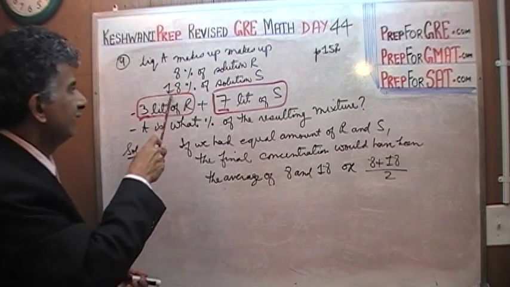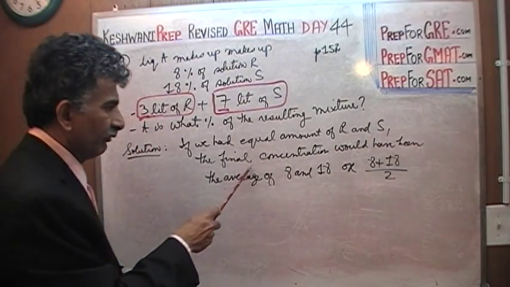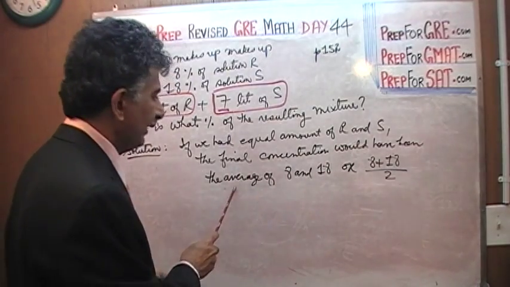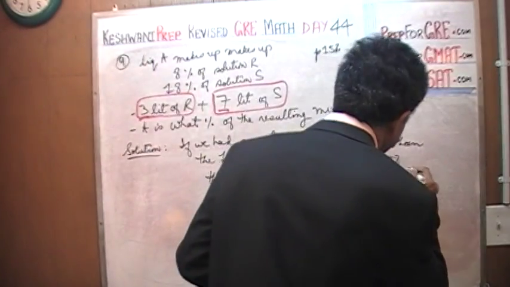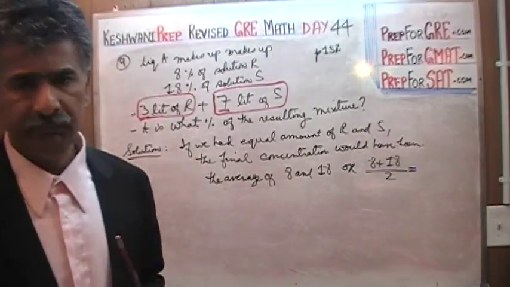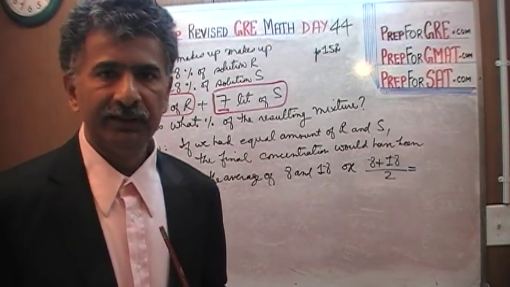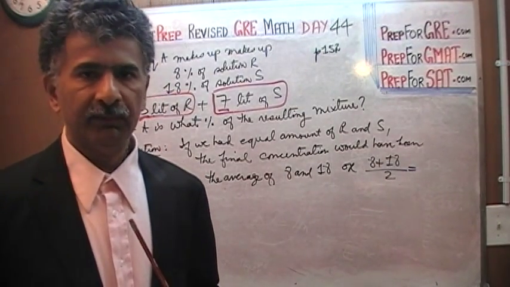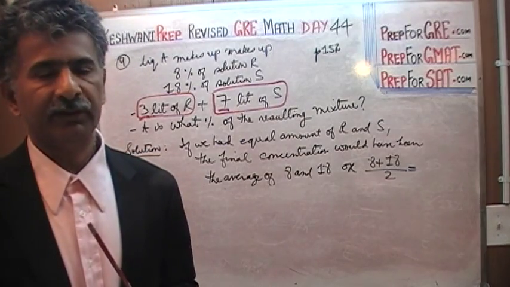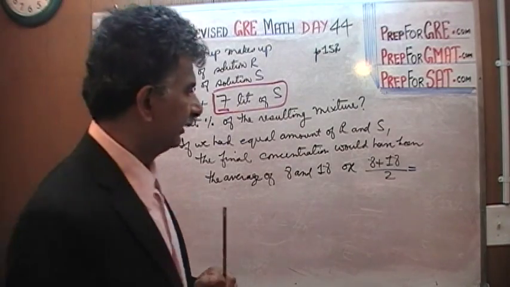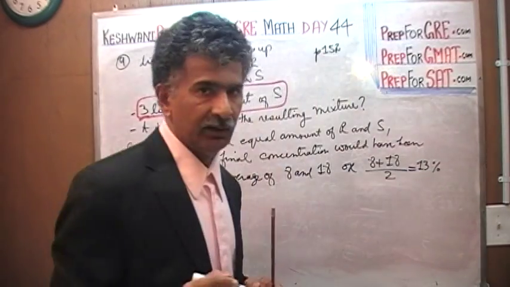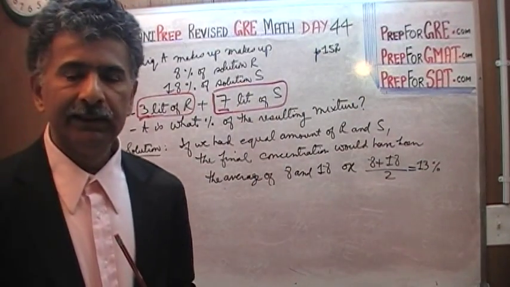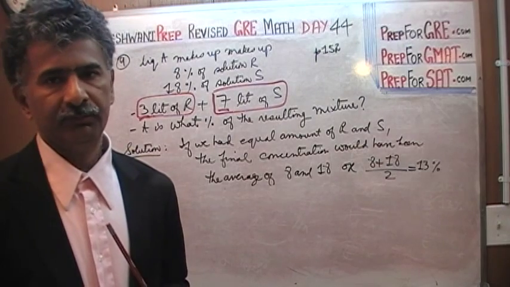I don't know what 8 plus 18 is, but I do know that 10 plus 18 is 28. Therefore 8 plus 18 must be 26, 2 less than that. 26 divided by 2 is 13. Now this would have been the final concentration if we had equal amounts of R and S.